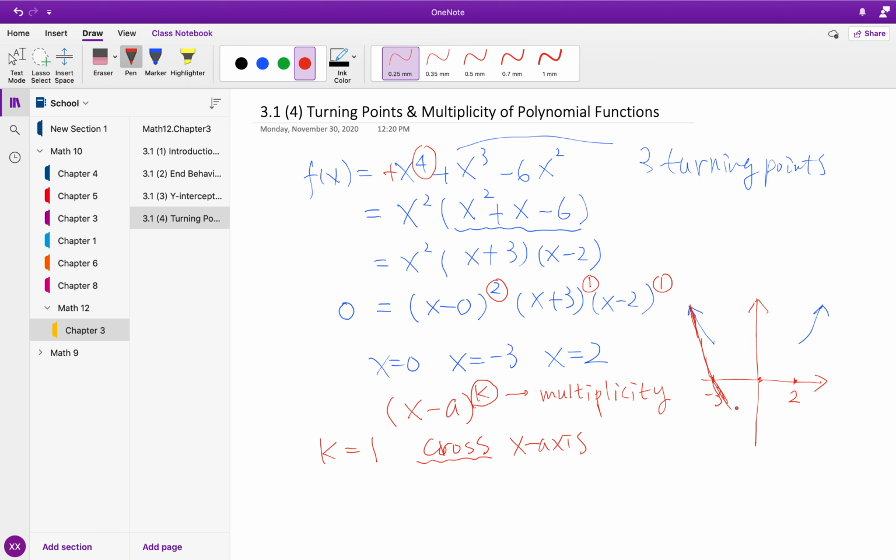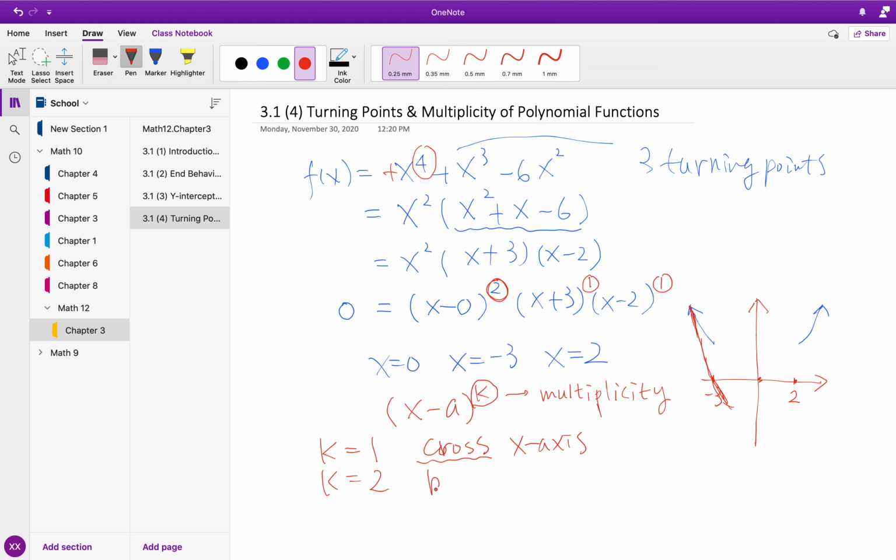And then when we go to 0, the multiplicity is 2. When k equals 2, it does not cross.